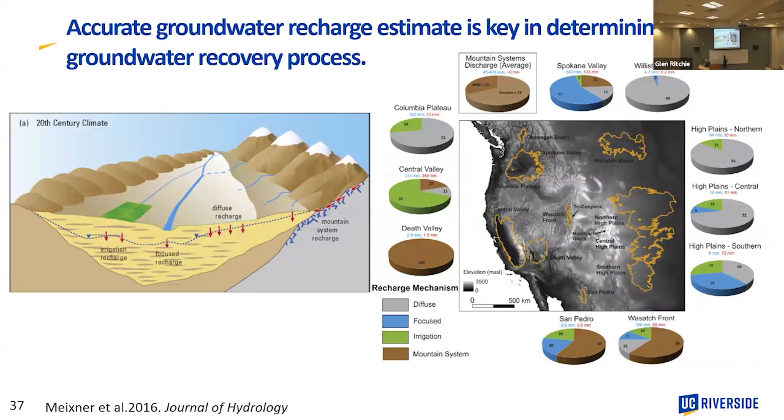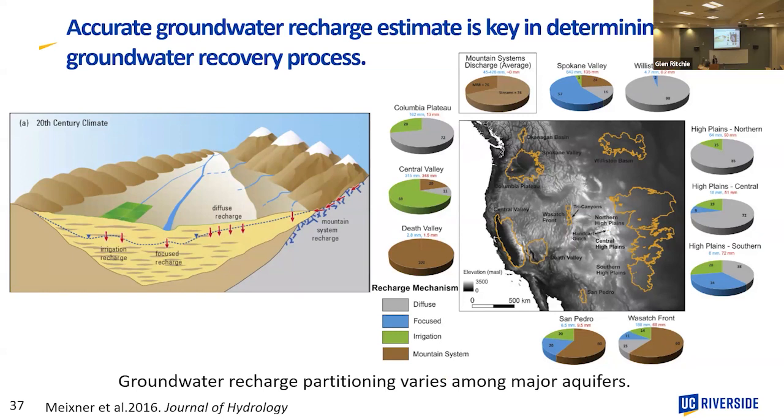I decided to work on the mountain valley aquifer systems and try to understand groundwater recharge processes in this system, because these are the regions that are also heavily impacted by droughts. If you look at a variety of major aquifers in the US, you will see that the distribution of groundwater recharge pathways is very different.